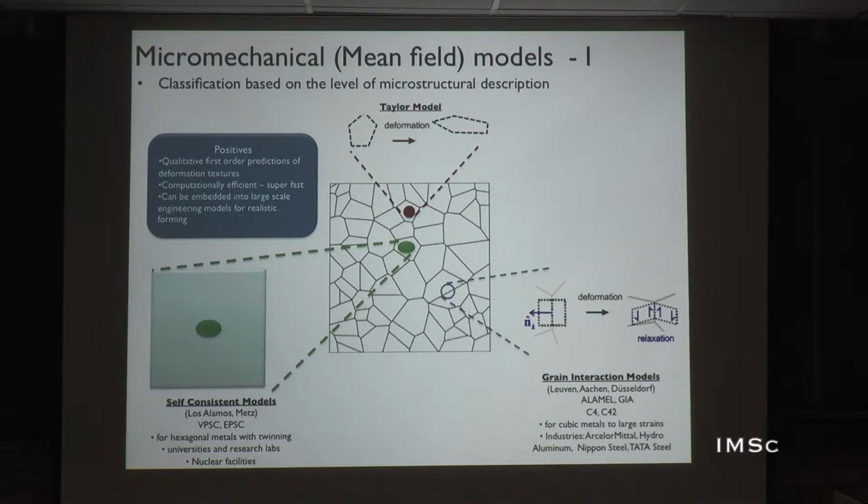You have a question? Sorry, what is the difference between the Taylor and the self-consistent? In the Taylor model, you don't adjust the field self-consistently? No, we don't. In the Taylor model, all we do is we say here is a grain, it takes exactly the same strain that you are applying to the polycrystal. So, there is no equilibrium satisfied anywhere, the fields are not iterated anywhere.